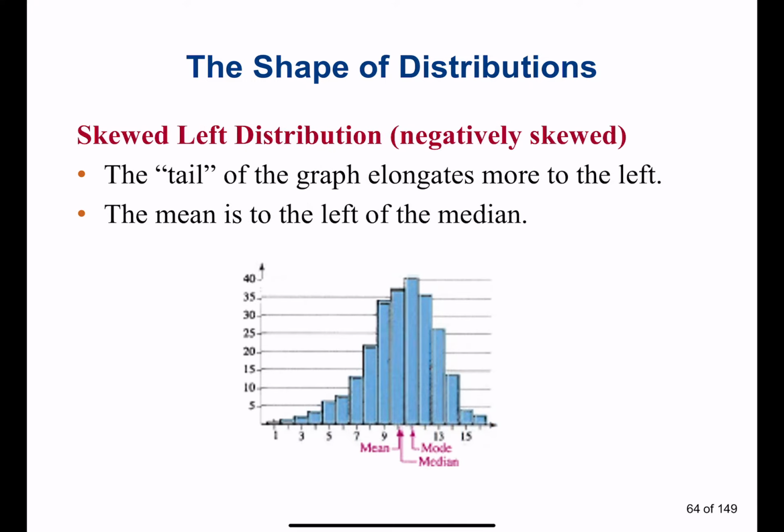Next, the interesting one is skewed to the left, negatively skewed, because it's skewed towards smaller numbers, right? Usually we cut the outlier when we are ordering and arranging data, we don't need it.